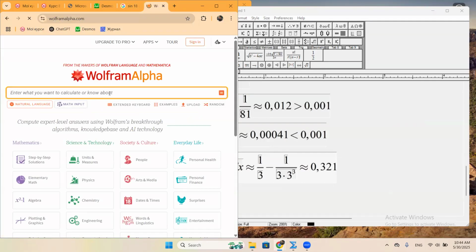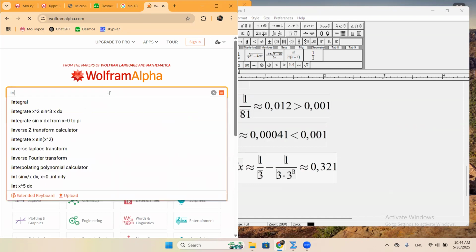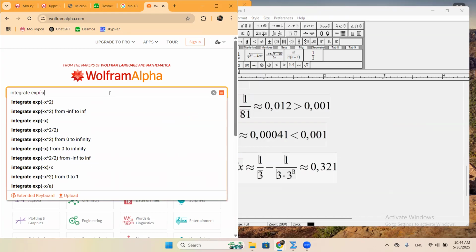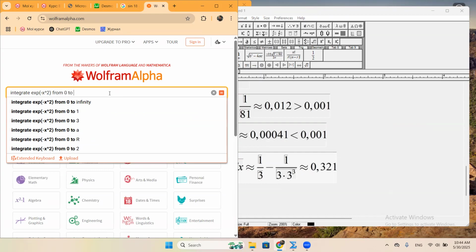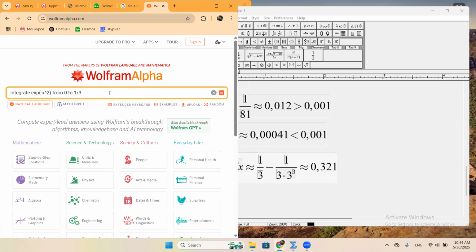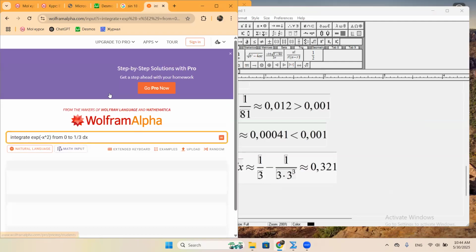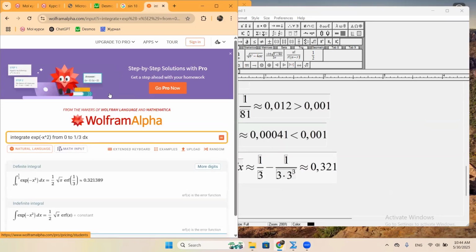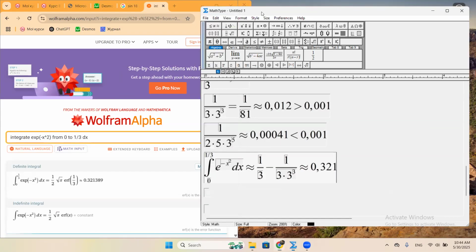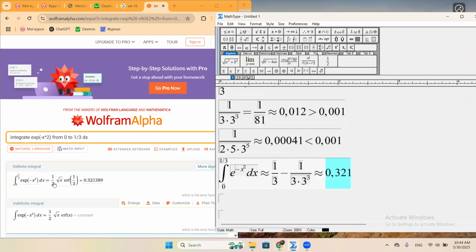I guess you already know it. So let's integrate from 0 to 1/3 dx. Yeah, and this value matches.